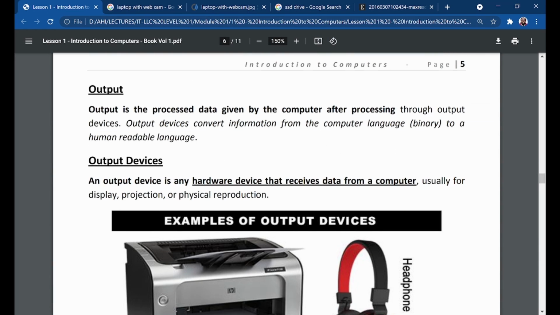Okay, let's look at output. Output is the processed data given by the computer after processing through output devices. Output devices convert information from computer language to a human readable language. So listen to me.